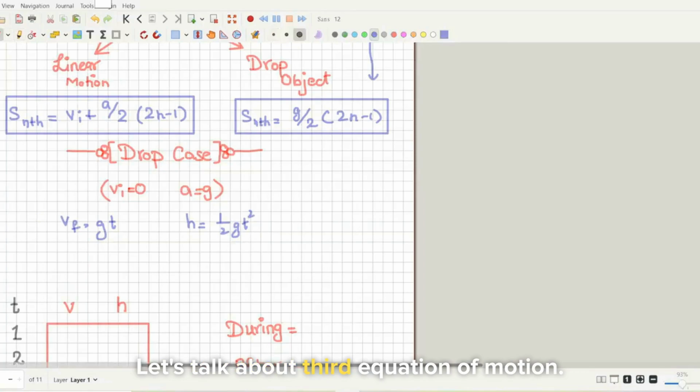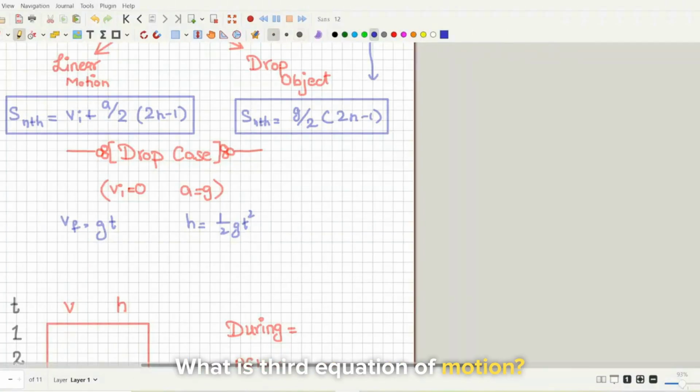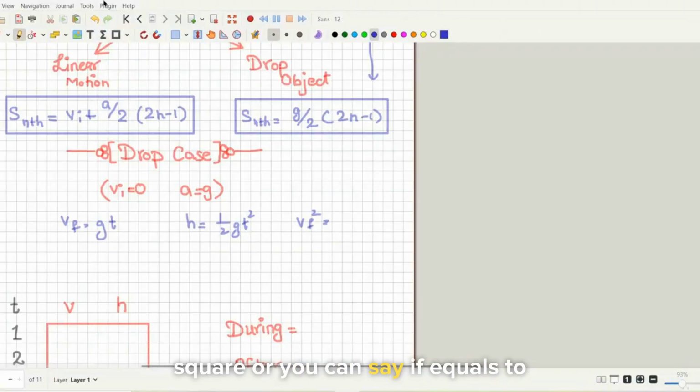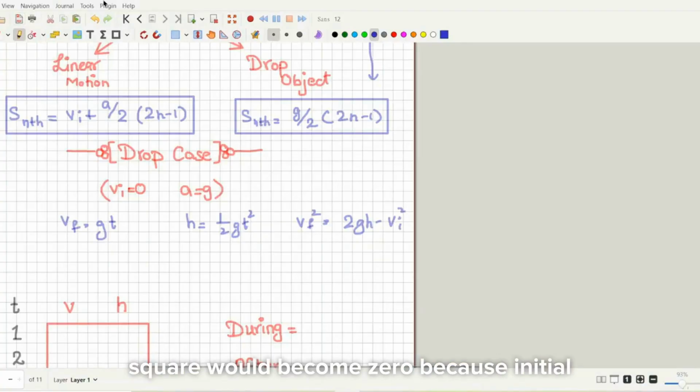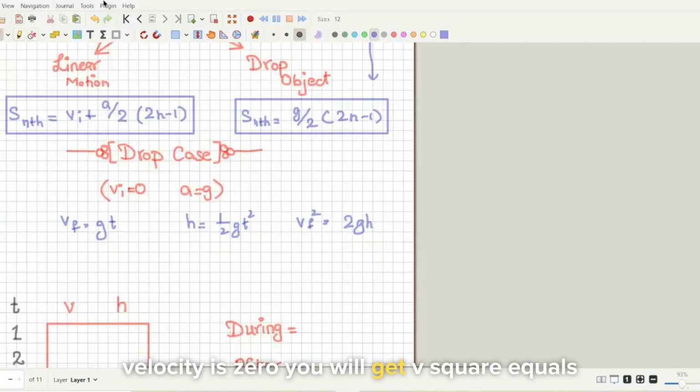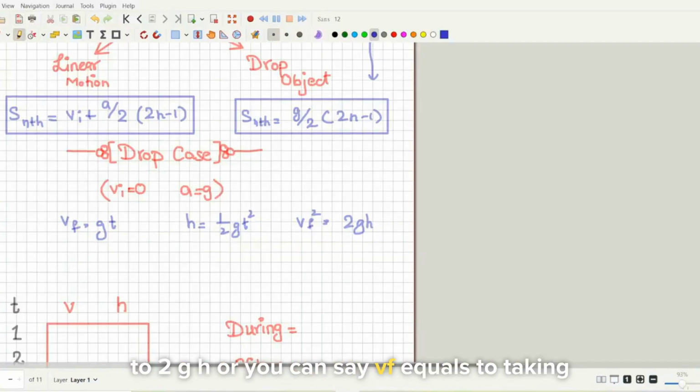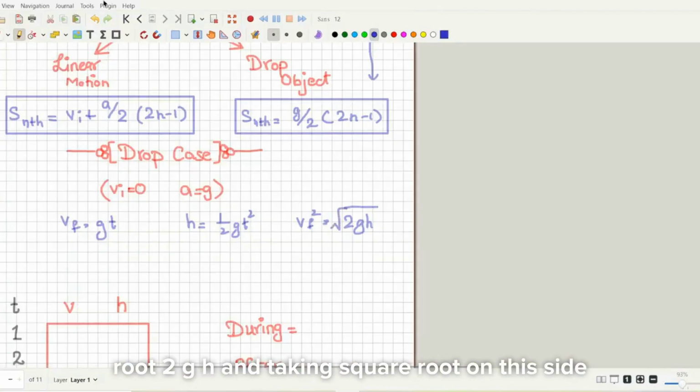Let's talk about the third equation of motion. What is the third equation of motion? It is Vf square equals 2gh plus Vi square. You know that Vi square would become 0 because initial velocity is 0. You will get Vf square equals 2gh, or you can say, taking the square root on both sides, Vf equals under root 2gh.